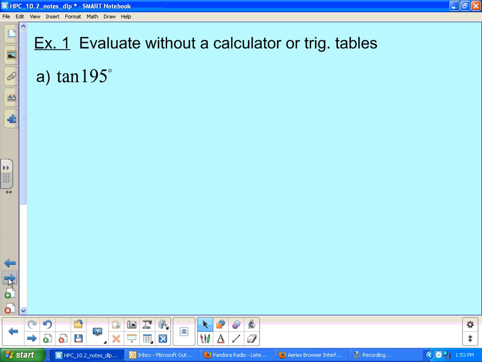Was anyone doing that kind of thing? Good, because that could get us in trouble. Just think specifically about reference angles. I could end up in a place quadrant-wise where my answer is supposed to be negative, but because I chose a reference angle, say a 60-degree reference angle, I was in the wrong quadrant. I put a positive value.